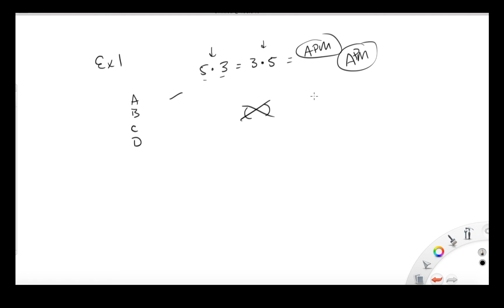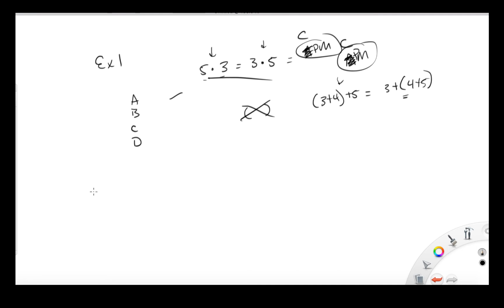Look at B. B has parentheses, and notice B says (3 plus 4) plus 5 equals 3 plus (4 plus 5). Well, we know we have parentheses, so we know that we have, oh wait, excuse me, it's not associative. What in the world? Parentheses means associative. I apologize. Good grief.